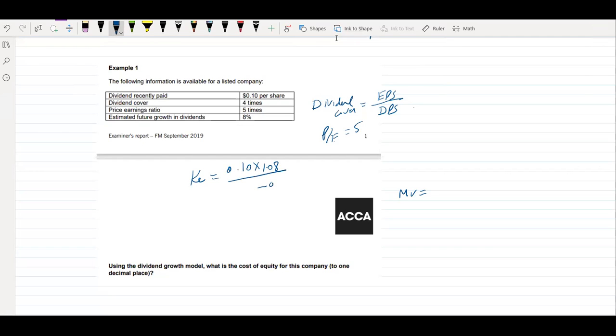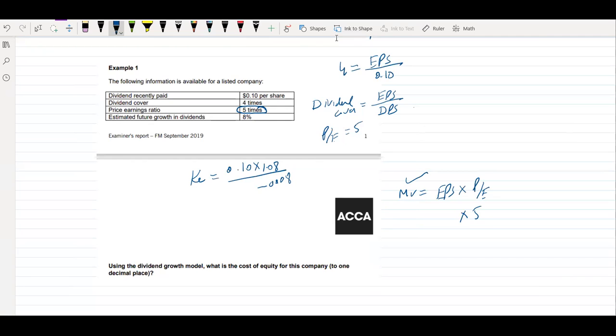So we have a P/E ratio. अगर EPS निकल आया तो EPS को P/E ratio से मल्टीप्लाई करेंगे तो हम मार्केट वैल्यू कैलकुलेट कर लेंगे. P/E ratio is 5 times. We need to calculate the EPS. Dividend cover is 4. Dividend is 0.1.